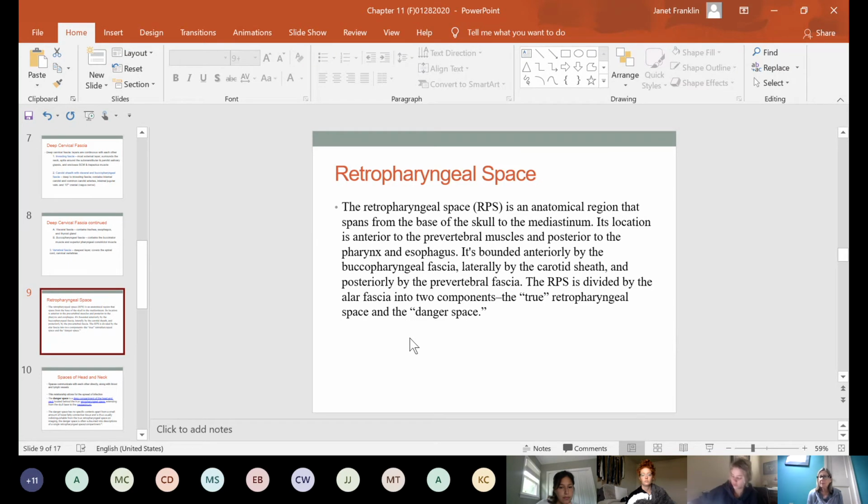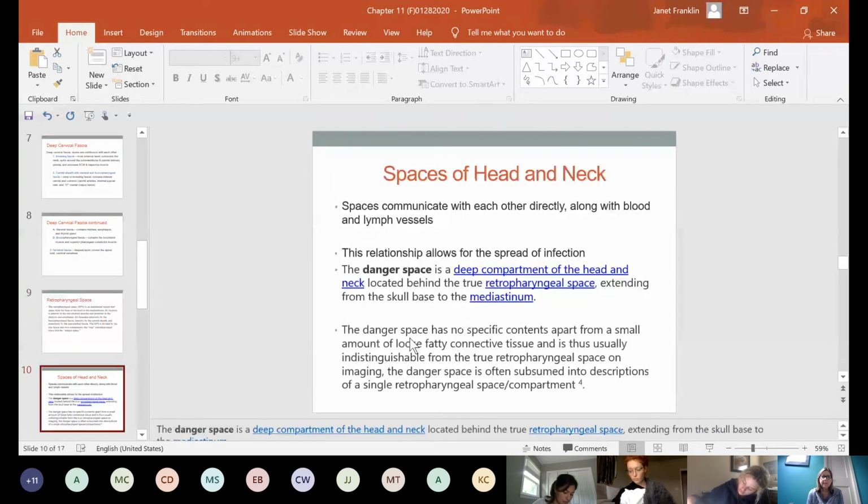So you'll see this probably on a quiz, maybe a test, maybe even boards. It's considered your danger space because the spaces communicate with each other directly, along with the blood vessels and the lymph nodes.